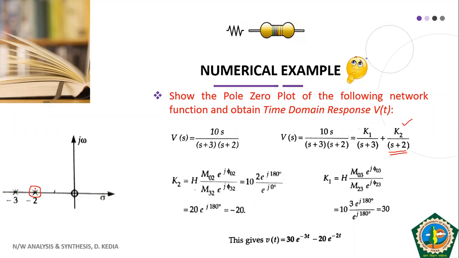This pole is now our main center point. We have to calculate the distance of this pole from the zero. So the distance of this pole from the zero is how much? 2. Distance is always positive, it is never negative. So the distance or magnitude is 2.